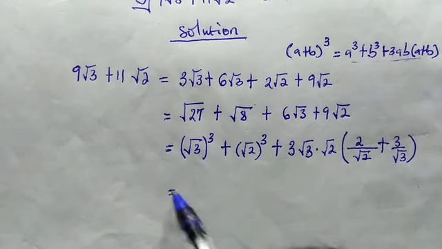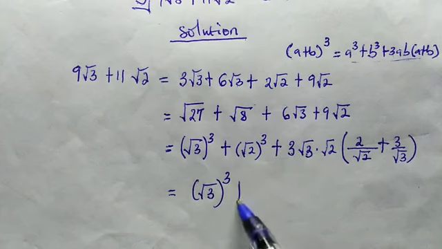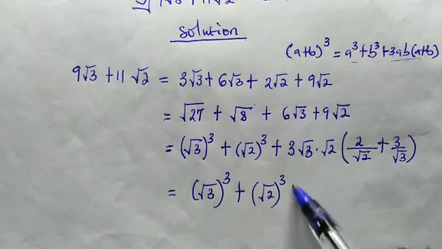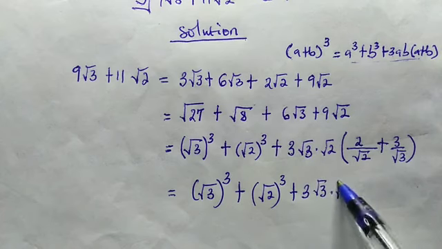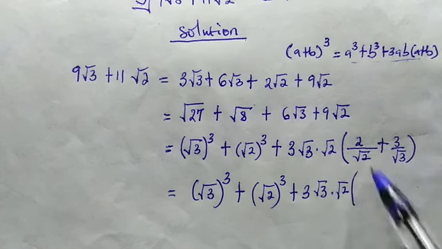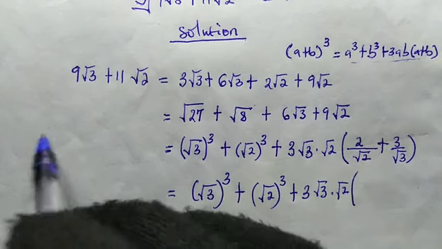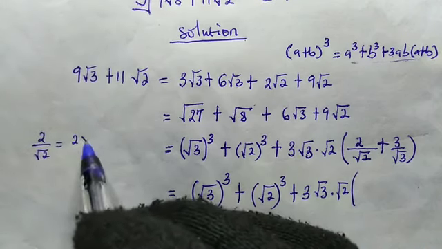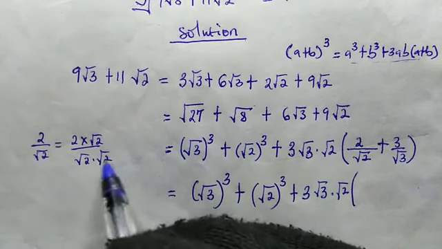Okay, so from here, this is equal to the square root of 3 to the power of 3 plus the square root of 2 to the power of 3 plus 3 multiplied by the root 3 multiplied by the root 2. Then, let us try rationalizing this. 2 over root 2 is equal to 2 multiplied by root 2 over that same root 2 multiplied by root 2.